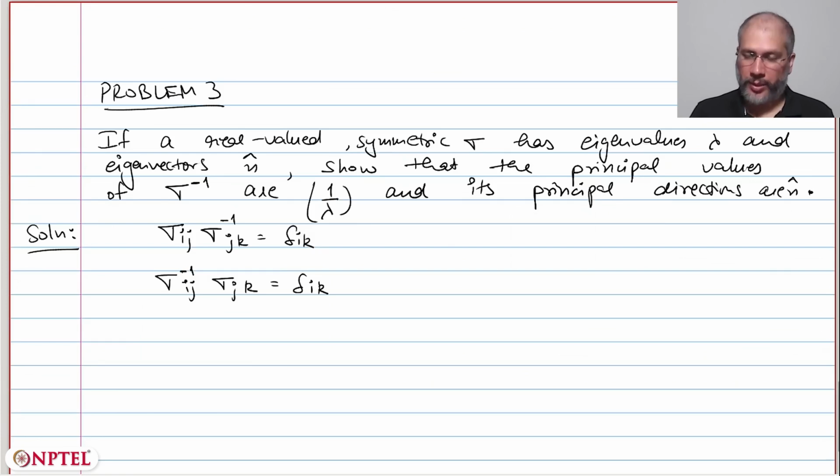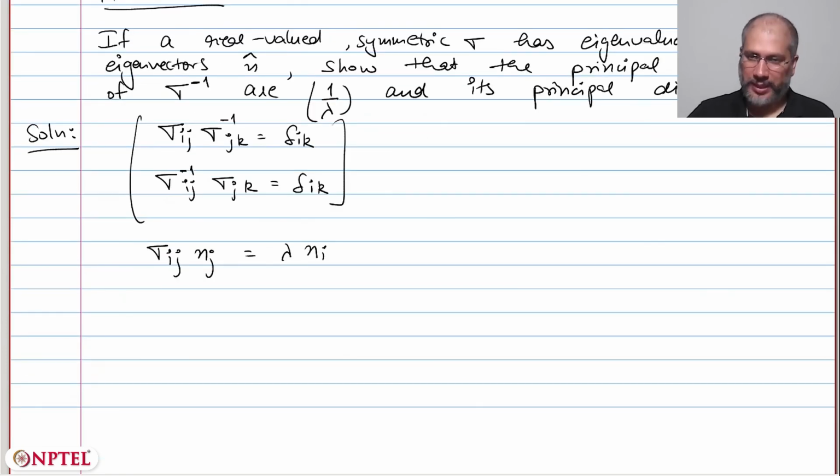So we will start by writing the eigenvalue problem for sigma, because we know that lambda and n hats are the eigenvalues and eigendirections of sigma. So the eigenvalue problem is sigma ij nj equals lambda times ni. The question is, how do we use this?